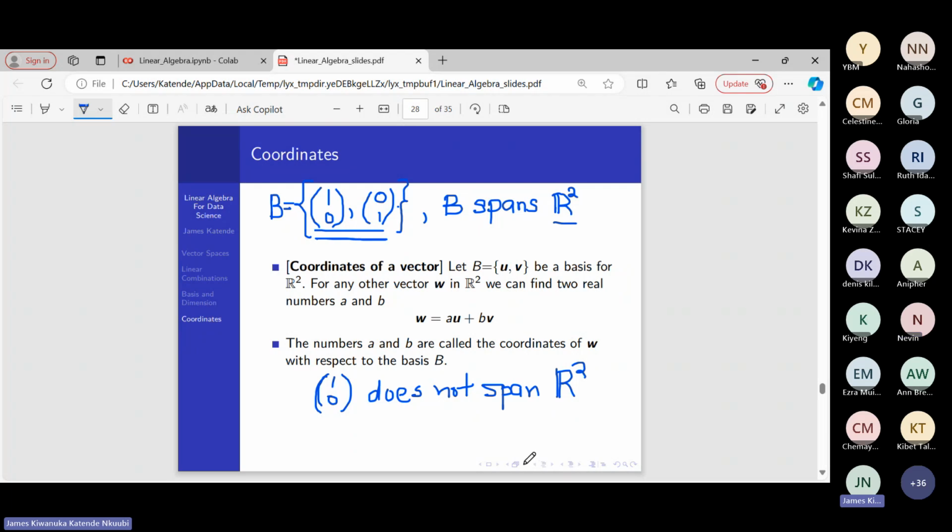What do we mean by it does not span? Because there are some vectors. So for instance, if I pick a vector like 0, 2, I cannot write it as a multiple of 1, 0. So I've lost that property. There's no way I can write this as a multiple of 1, 0. There's no such number which can satisfy this. So it's still linearly independent, but it does not span R2. So if you drop one vector, you lose the spanning property.